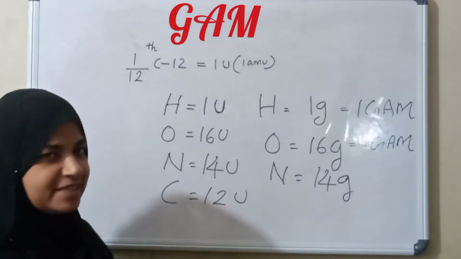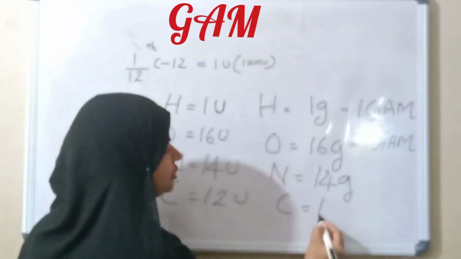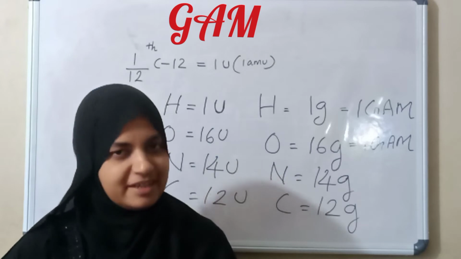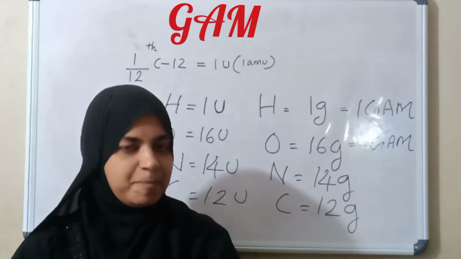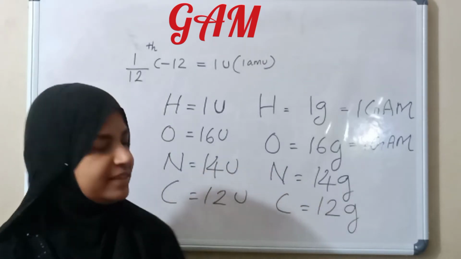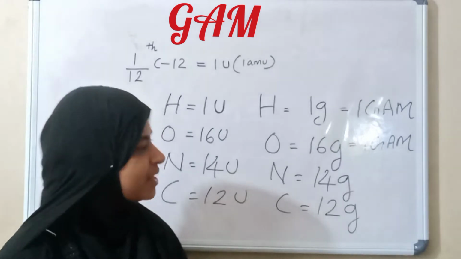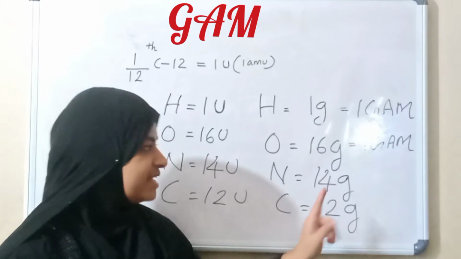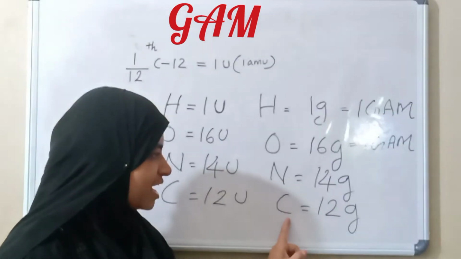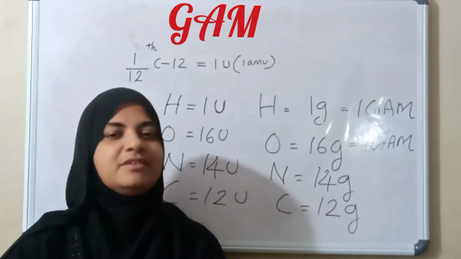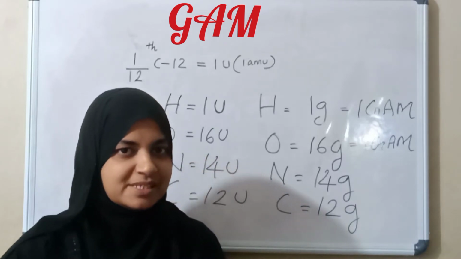Then again, carbon's GAM is 12 gram. Again, GAM means atomic mass expressed in gram. Just replace U by g. That is, hydrogen's GAM is 1 gram, oxygen's GAM is 16 gram, nitrogen's GAM is 14 gram and carbon's GAM is 12 gram. For GAM, the unit of atomic mass becomes gram.